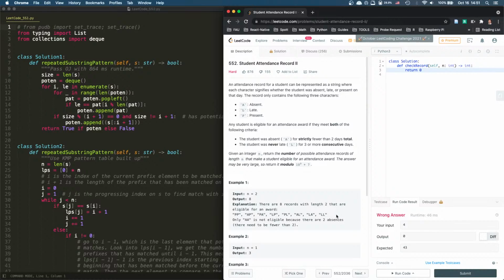Wait, let me see. I think added together is a value. So let's say 3 choose 1 plus 3 choose 2 plus 3 choose 3. That's 7, right? And then 4 choose 1 plus 4 choose 2 plus 4 choose 3 plus 4 choose 4. That shall be 15. Yeah, so that's just going to be 2 to the 4th minus 1.